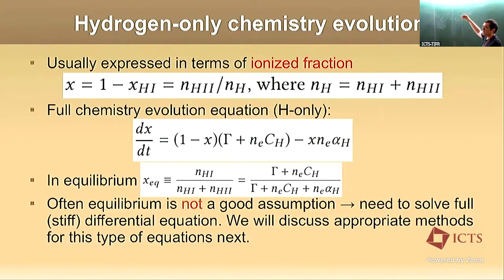Because for 1000x, if x is anywhere bigger than 0, it's basically 0. So the solution will be this, but you still need to evolve on very, very short time steps because this is changing very quickly, even though it's irrelevant, which leads to really inefficient methods.